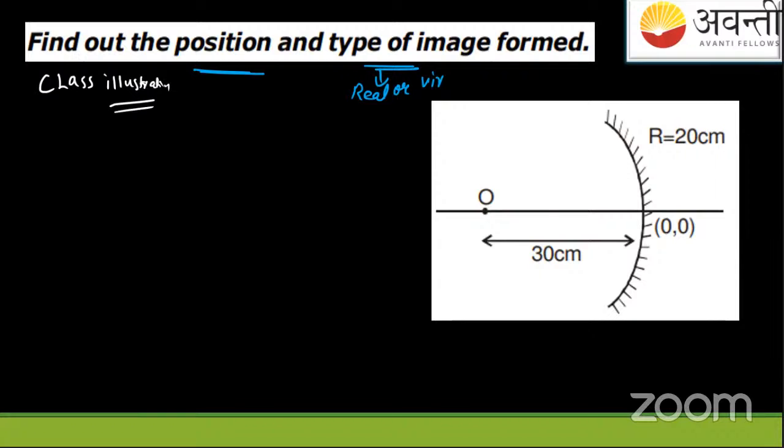It's in the mirror world. That will be decided with the signs. And for position, they're asking for the numerical value, where it is, whether on this side or that side. Here it will be virtual, here it will be real. So now let us solve the question.